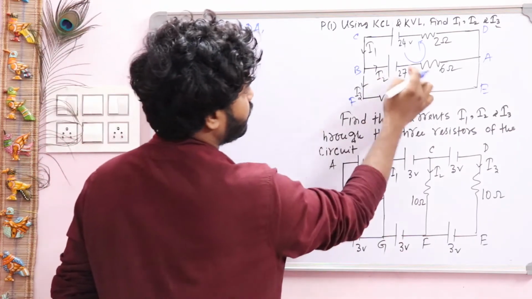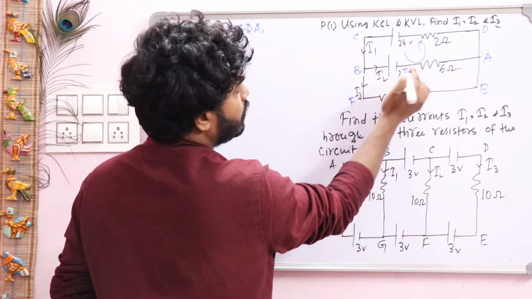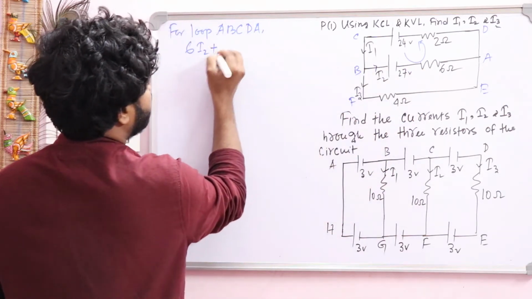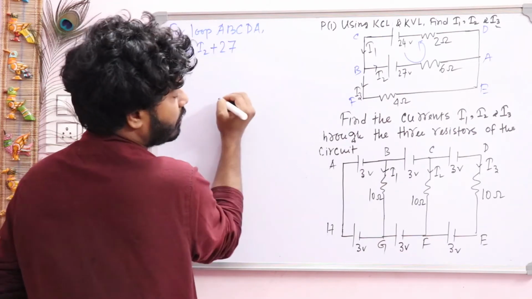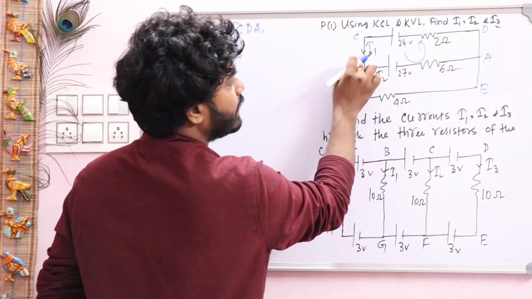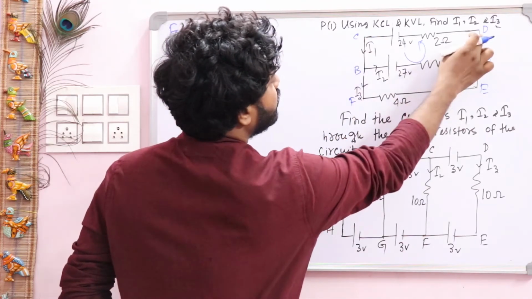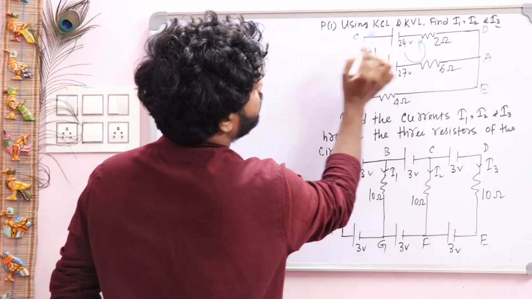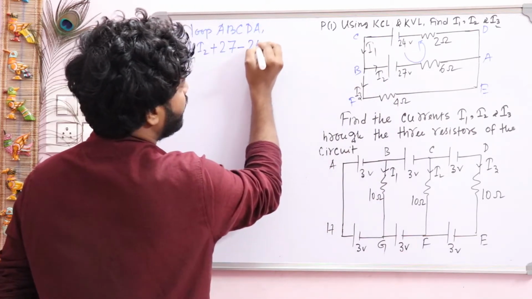Now 27 volt, your direction is negative to positive, so this value will be positive 27. Okay, now B to C, there is no equipment. Now C to D, first of all 24, and your direction is positive to negative, that means this value will be negative.